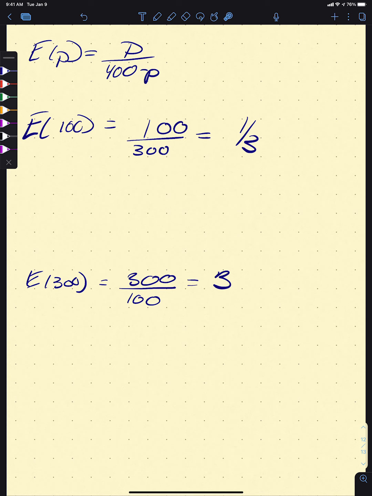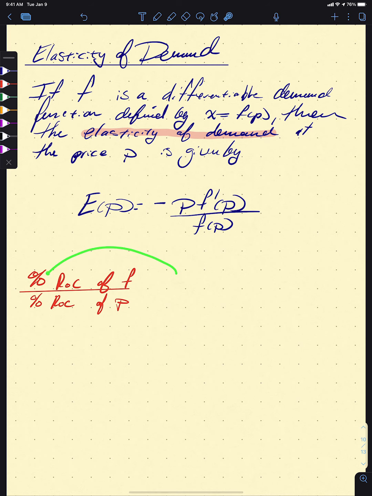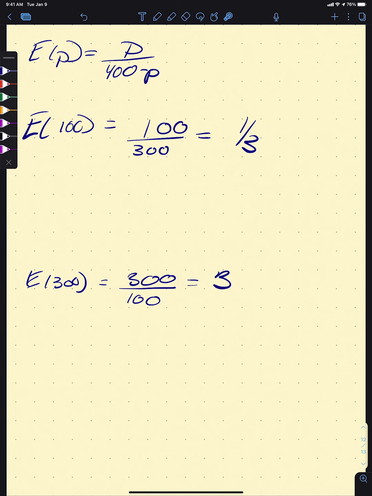Picture these as telling you a ratio, because we're looking at the rate of change of f over the rate of change of p.